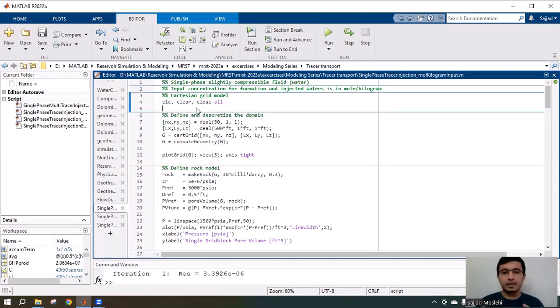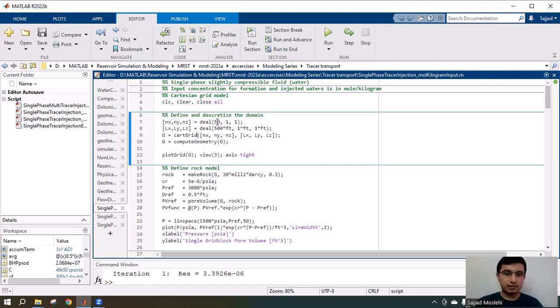So first of all, what we need to do is to define and discretize the domain, the grid. I've used the function cartGrid, which is a commonly used function in MRST to create a Cartesian grid in an unstructured way. All right.